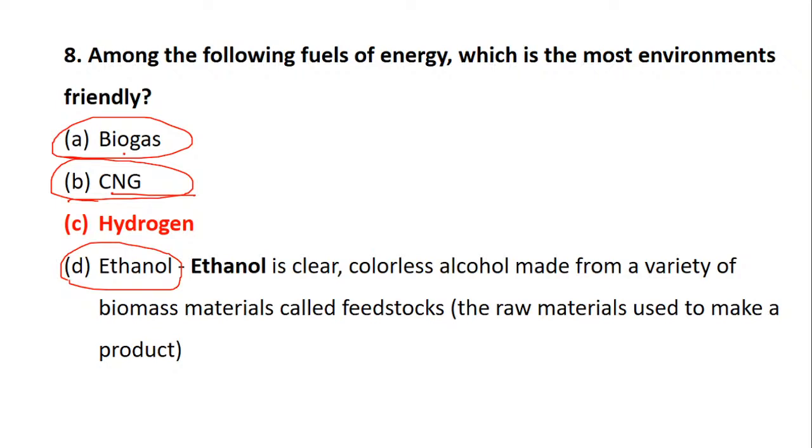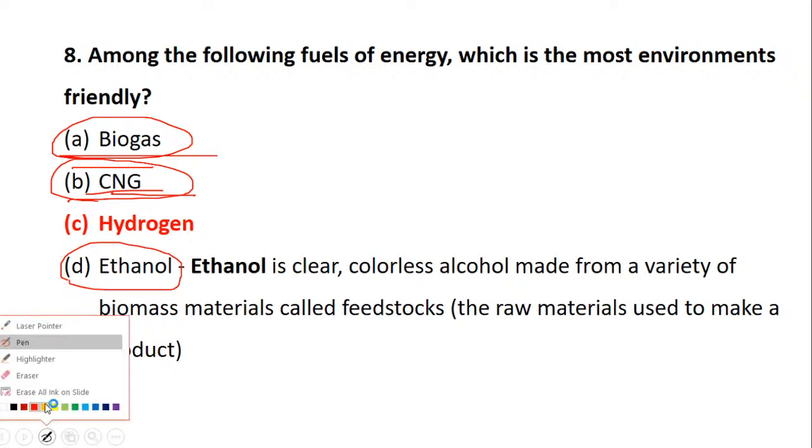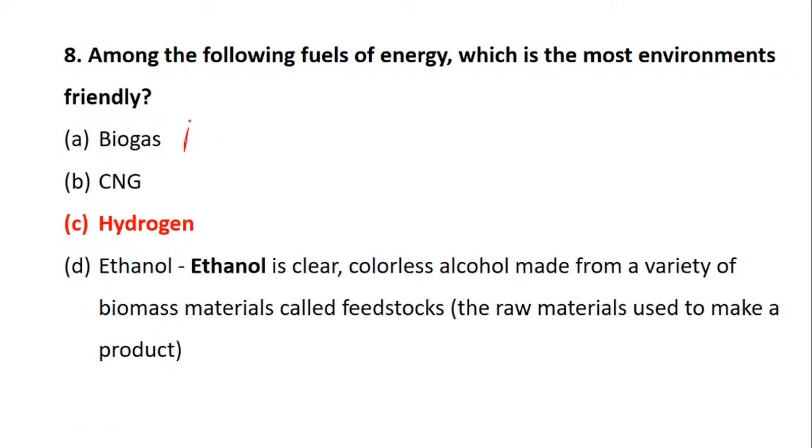There is a second set of questions where all the options are given and hydrogen is not an option. Hydrogen is replaced with a different gas. At that time, the second most environmentally friendly is CNG. Please try to understand whether it is biogas, CNG, or ethanol. Here also, all the three, I'm putting an asterisk mark, and the question is asking which of the following is most environmentally friendly.